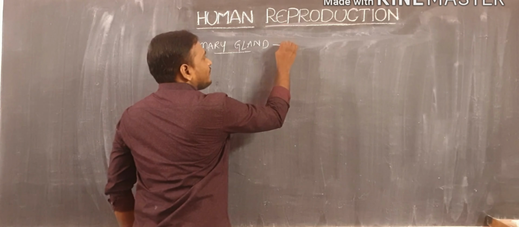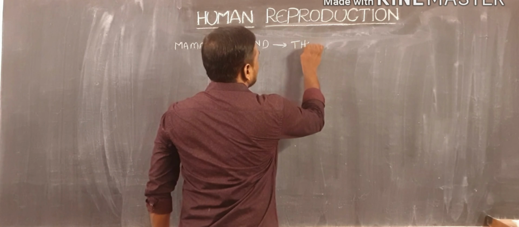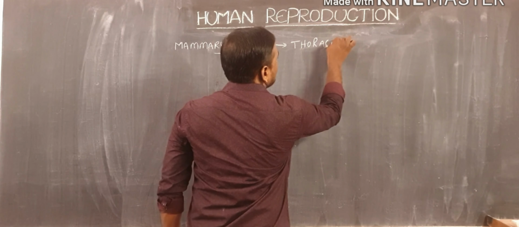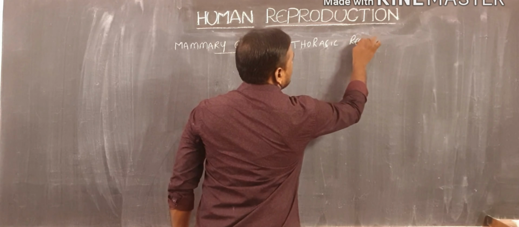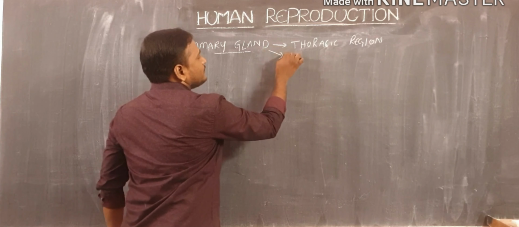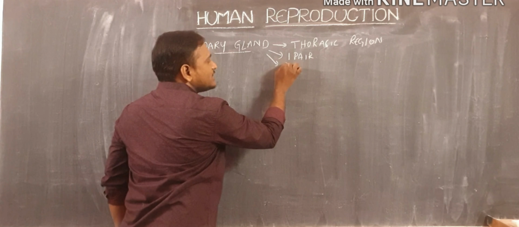They are present at the thoracic region, and they are one pair, helpful to release milk.